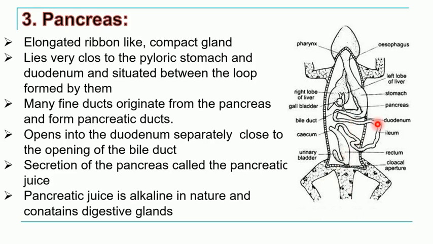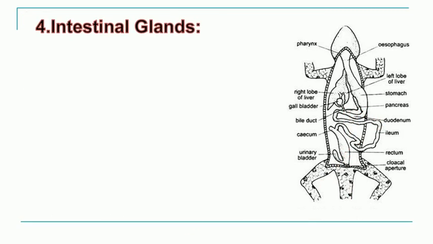Now if you see the chemical composition of this pancreatic juice, it is alkaline in nature. So the function of pancreas is basically to secrete this pancreatic juice, which is responsible for the digestion of the food in the small intestine.